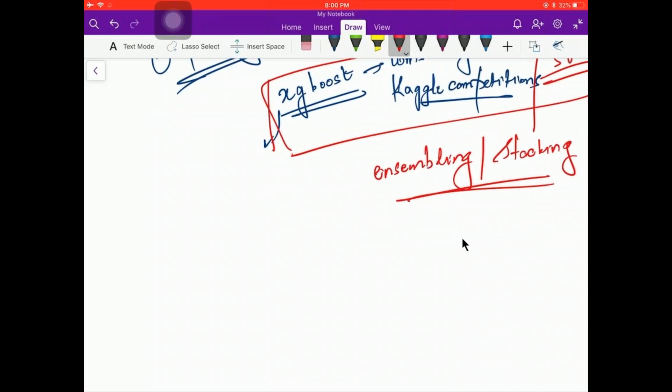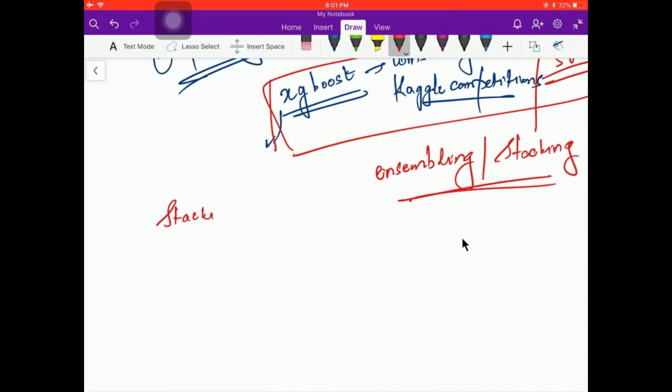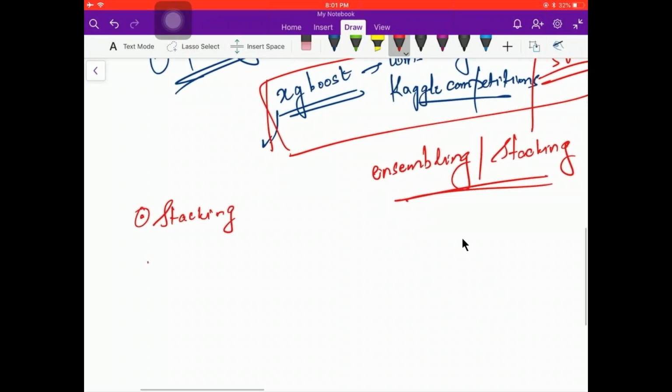Now, if you guys are clear on this, then I'll start on extending some of the important concepts, which are important in modeling. Something called stacking. So, for example, you have 10 features: x1, x2, x3, x4, x5, up to x10.